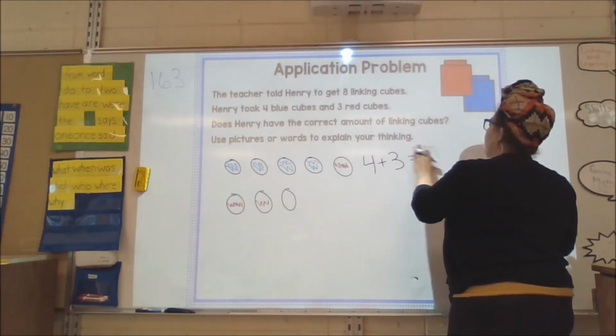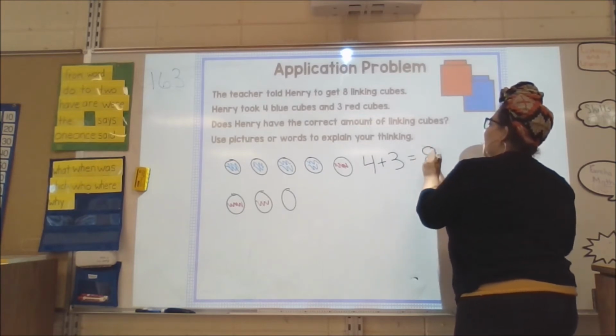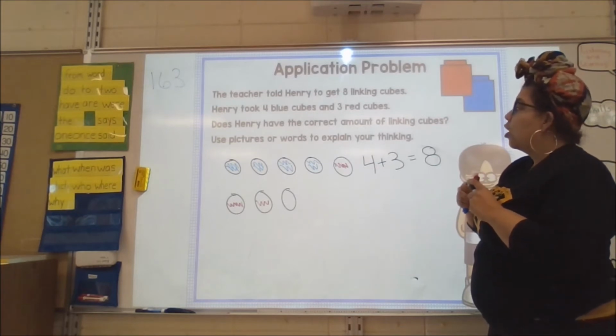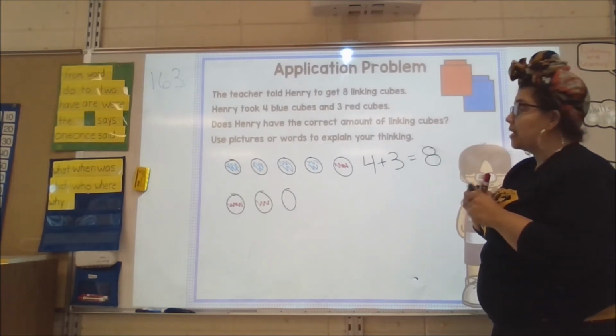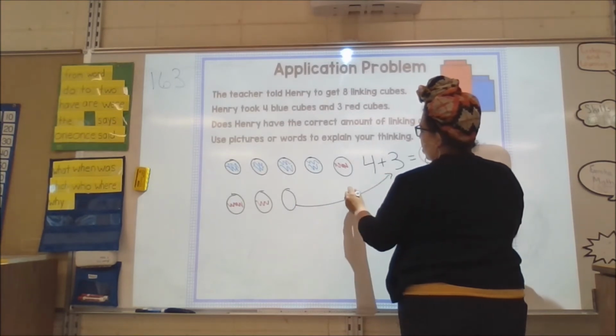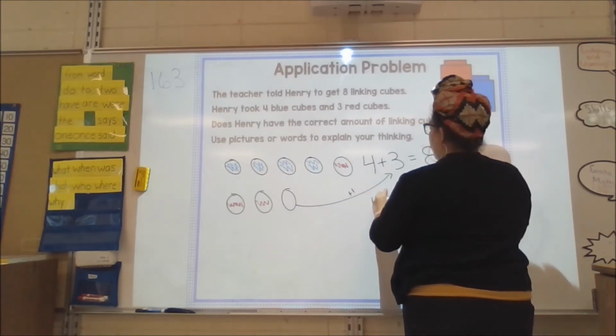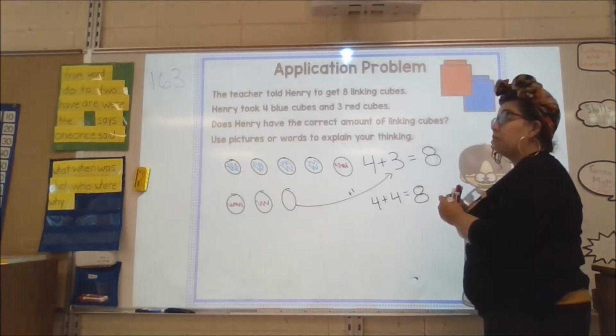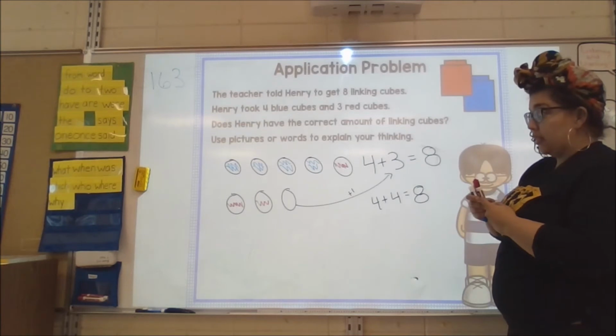But that's not what we want. We want 8. Is that equal to 8? It is not equal to 8. What we need to do to fix this is to add, how many more? 1 more. So 4 plus 4 is equal to 8. Okay, so that gets us where we need to go.